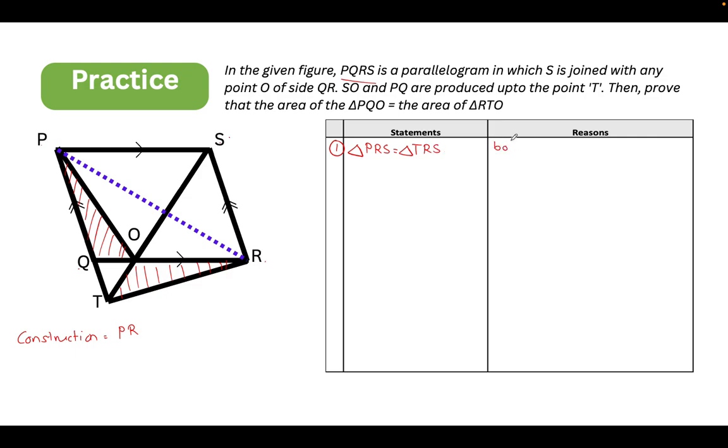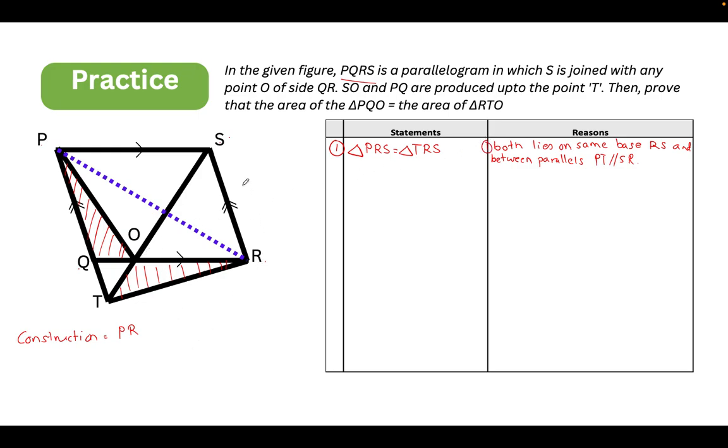Because both lie on the same base RS and between the parallels PT parallel to SR. This is the first statement.